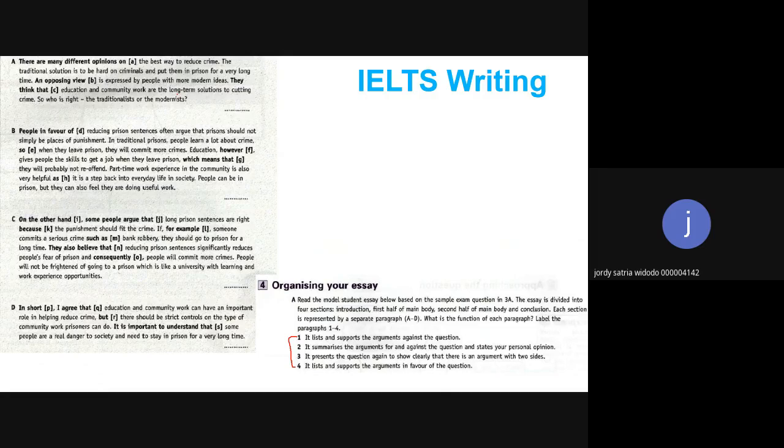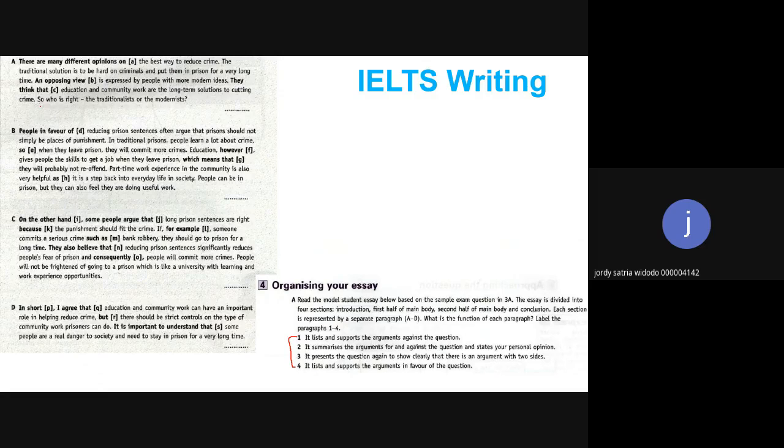So number one, the A. There are many different opinions on the best way to reduce crime. The traditional solution is to be hard on criminals and put them in prison for a very long time. An opposing view is expressed by people with more modern ideas. They think that education and community work are the long-term solutions to cutting crime. So who is right, the traditionalist or the modernist?